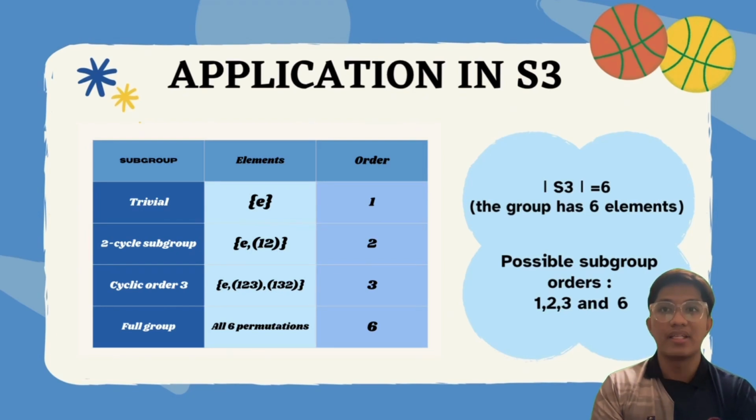The subgroups like (12), (13) and (23) each have order 2. The subgroup generated by (123), containing (123) and (132), has 3 elements and forms a cyclic subgroup. And the last one, the whole group S3, is a subgroup of itself with order 6. So every subgroup we find in S3 has an order that divides 6, and this is exactly what the Lagrange theorem tells us should happen.